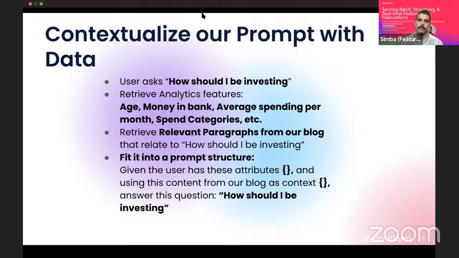If you are a company like a bank and you are building a chatbot, you have a lot of relevant context about that user that you probably want to give the LLM to allow it to give a better response. For example, you might have a set of analytical features like age, how much money they have, how much they spend a month, what they're spending on, etc.